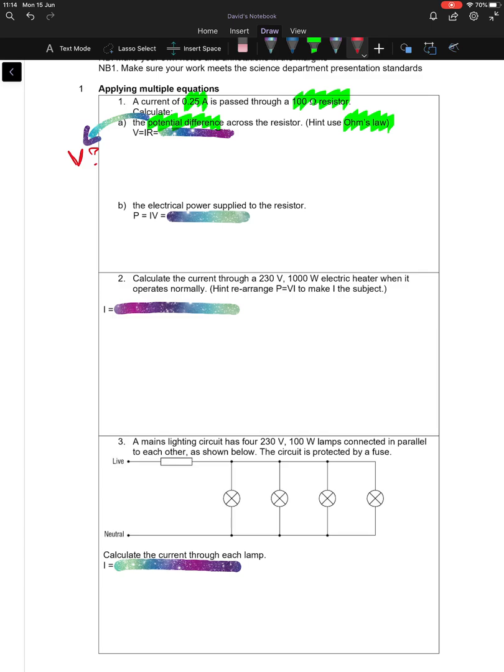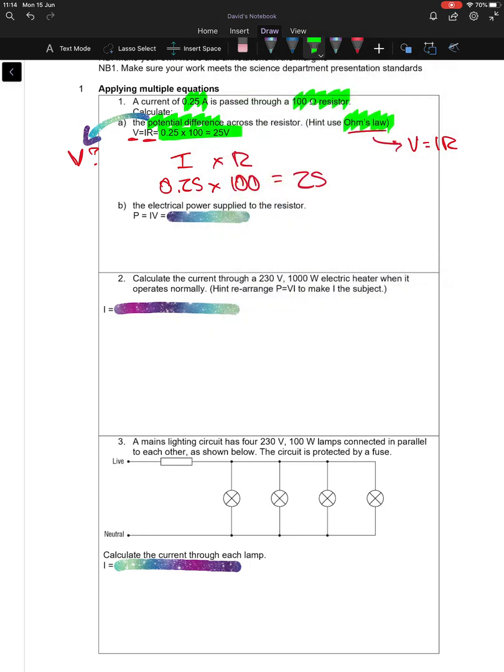So we don't know V. Ohm's law, V equals IR. So what is our I and what is our R? So I times R should be 0.25 times 100, which should give you 25, which if we look at our answer, it'll be 25 volts.